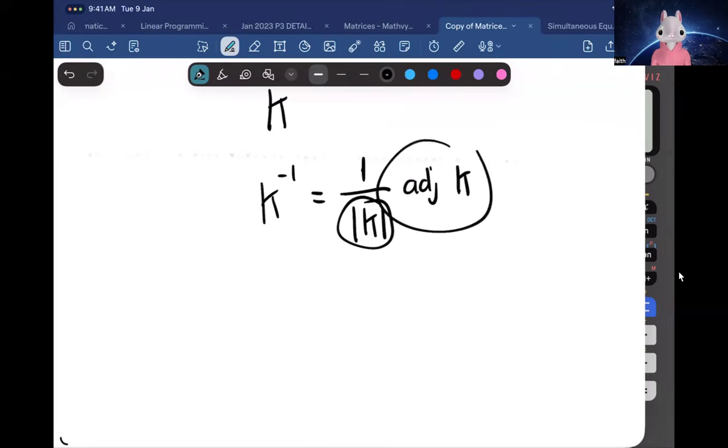And for the adjoint, you swap the first diagonal, and for the other diagonal, you change the signs.